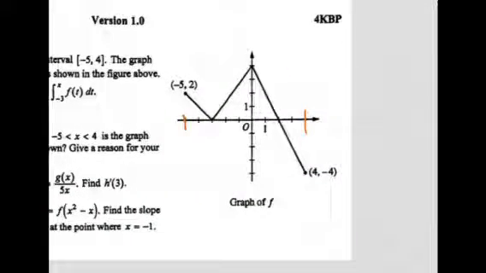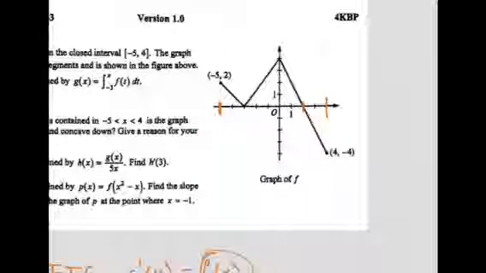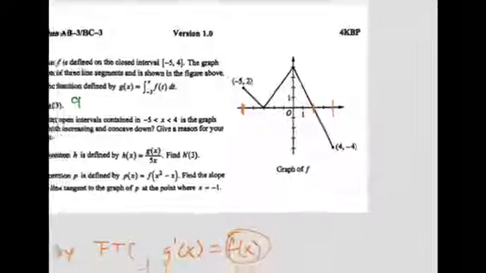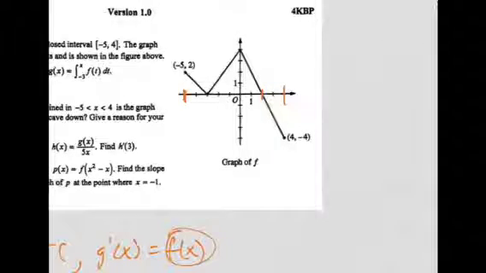So where do they overlap? From -5 to 2, G is increasing. And then concave down, what is -3 to 0 is concave up.